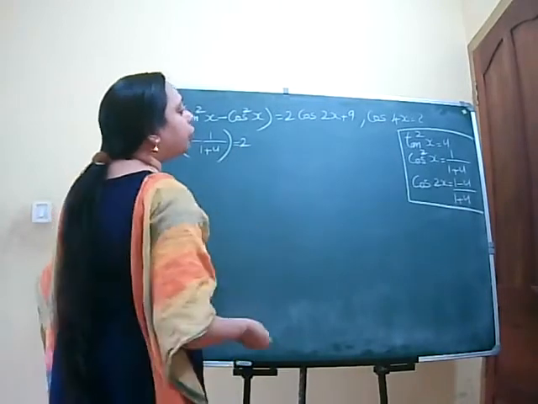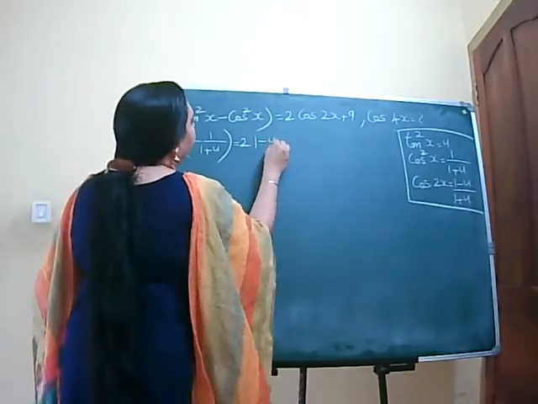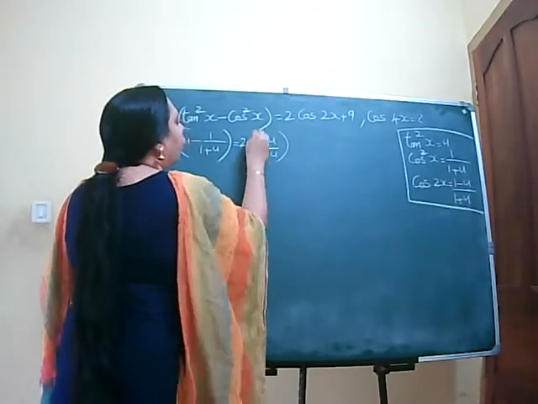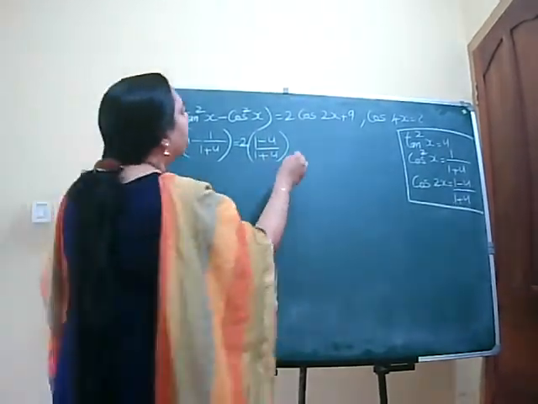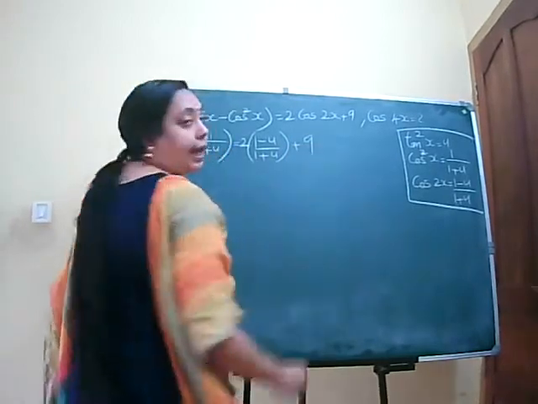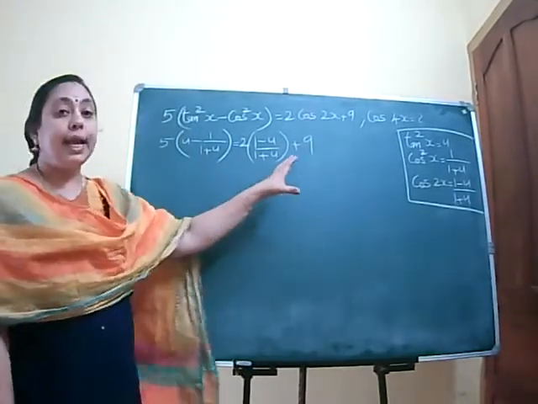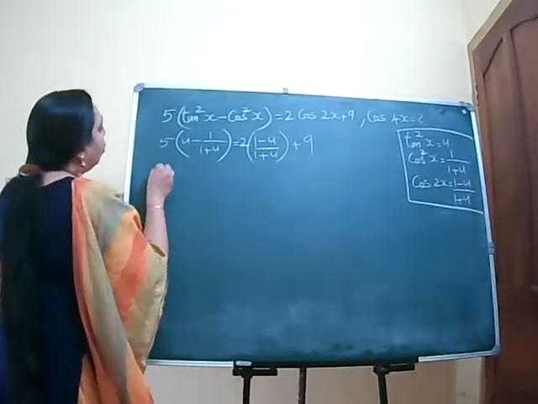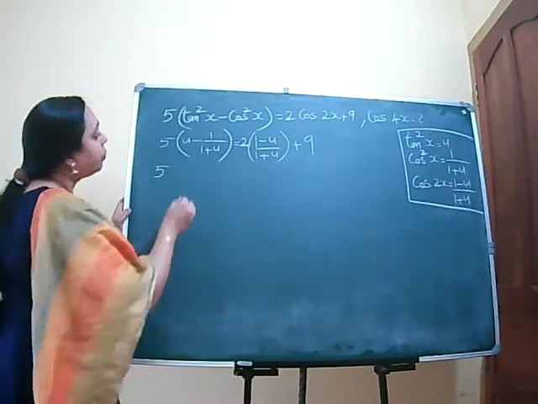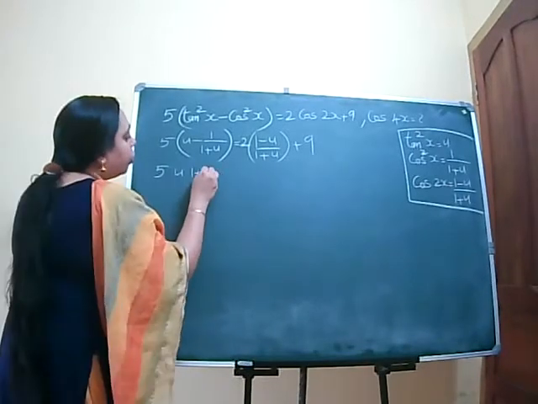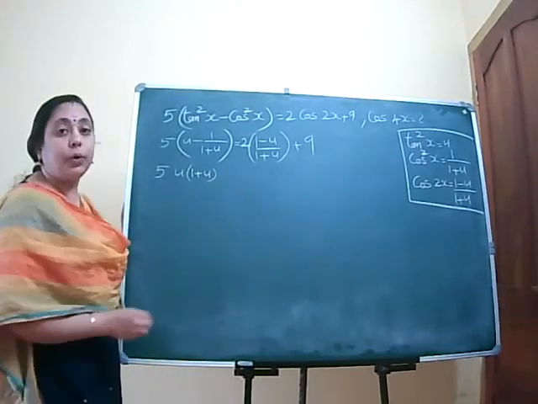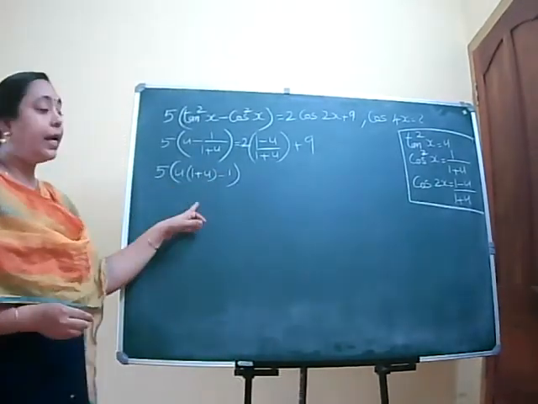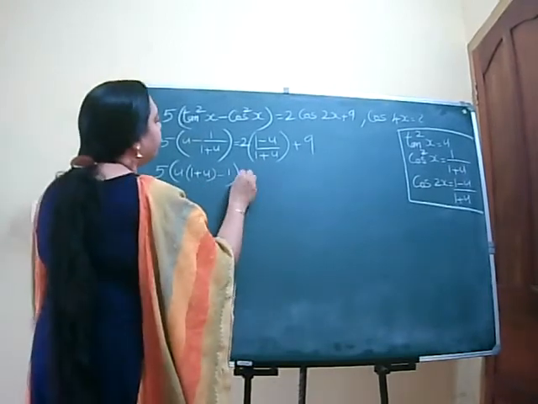That is 2 into 1 minus u divided by 1 plus u plus 9. Here the LCM is 1 plus u. Then we get 5 into u into 1 plus u minus 1, the whole divided by 1 plus u.